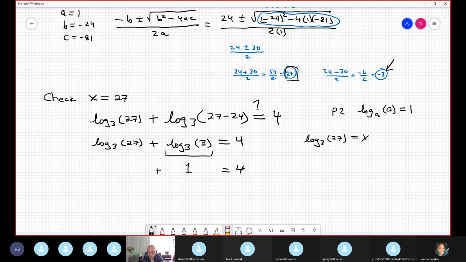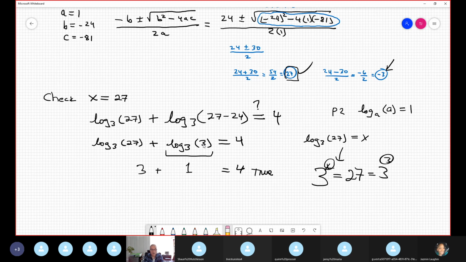I put x. I convert this statement to exponential. The base is 3. This 3 is this 3. Exponent, I have no idea. 27. But I know that 27 is 3 to the third power, because 3 times 3 times 3, therefore x is equal to 3. And 3 plus 1 is obviously 4. This statement is true. Now solution 27 is perfect.